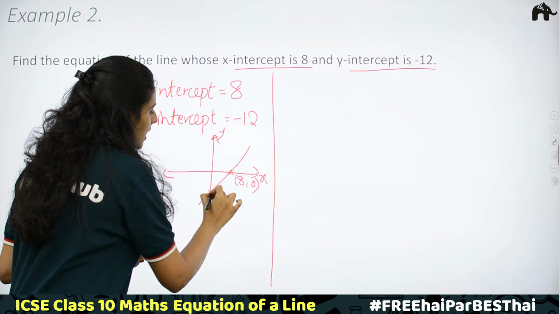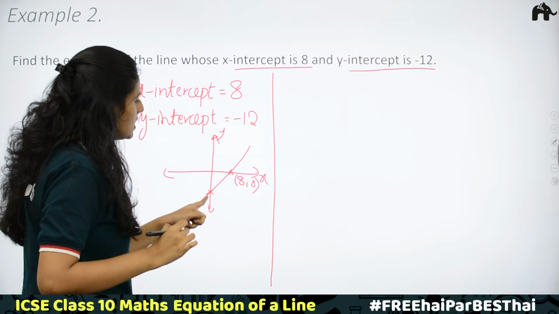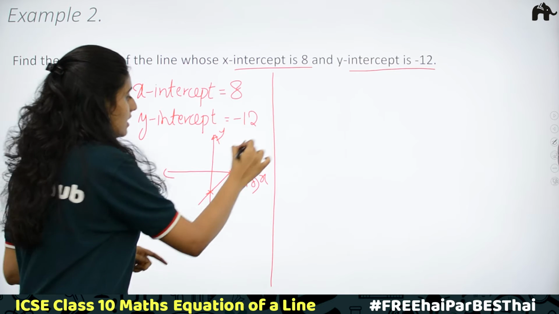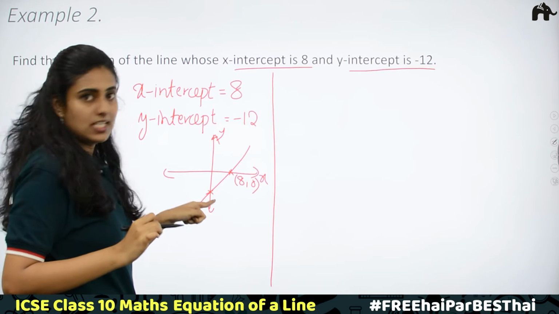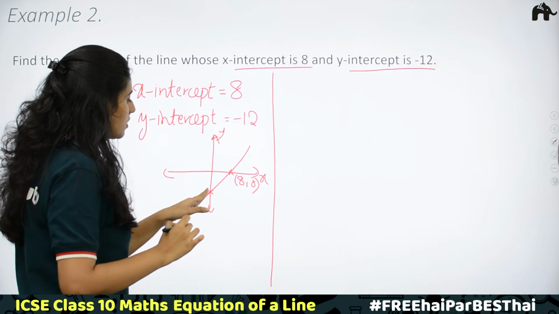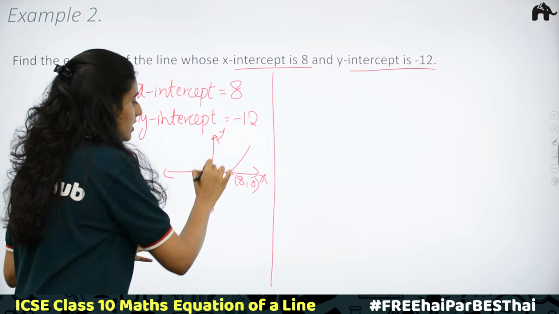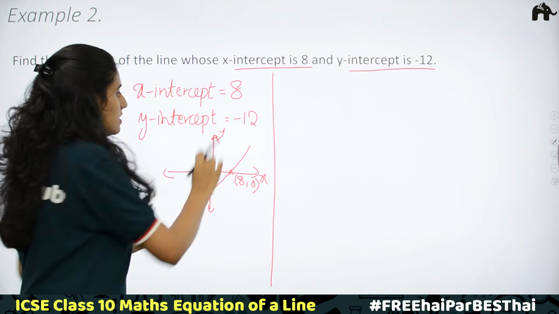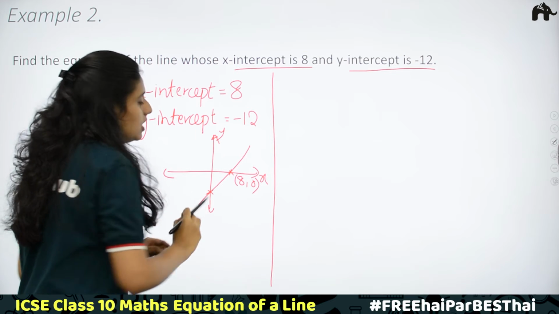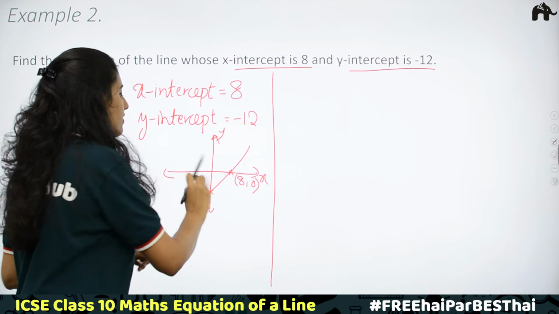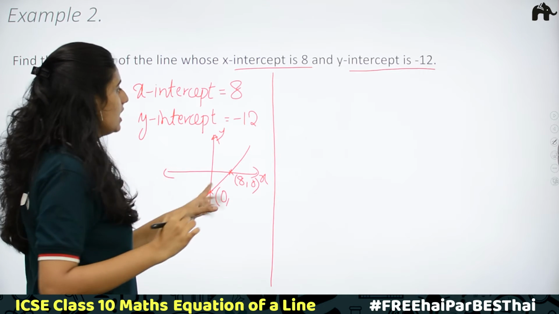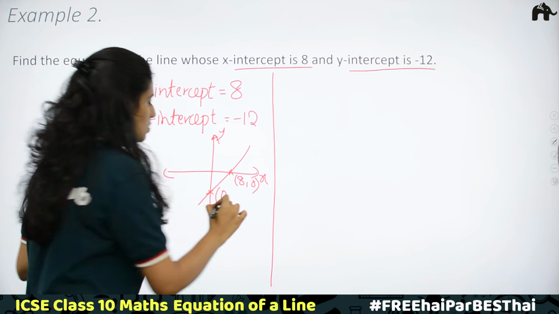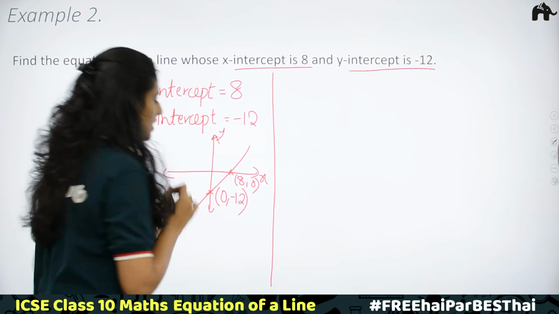Now, the second point is the point which lies on the y-axis, and this line passes through this point. Here we have the y-intercept. When you consider the y-intercept point, you will have the x-coordinate equal to 0. Any point which lies on the y-axis will have x-coordinate equal to 0. So, x-coordinate is 0 and the y-coordinate will be minus 12.